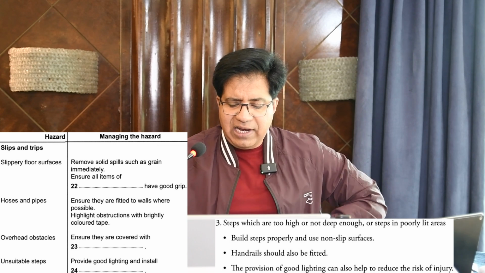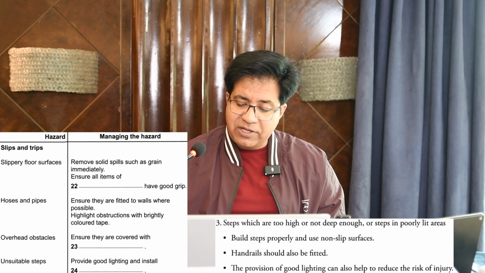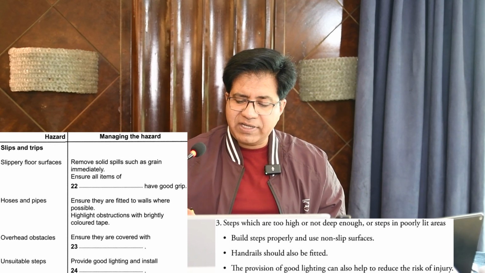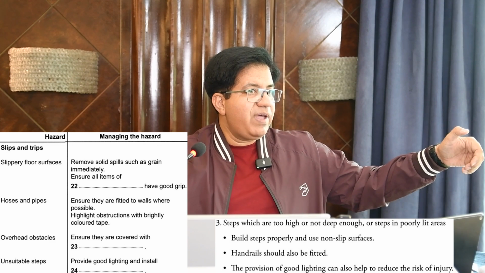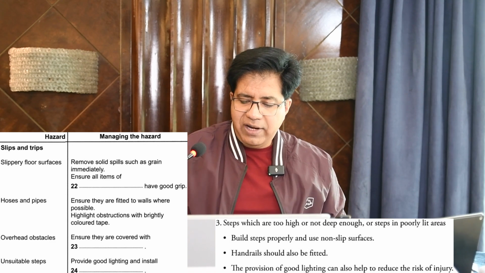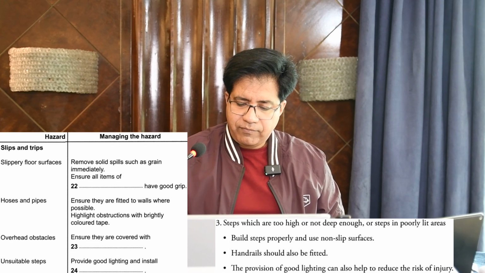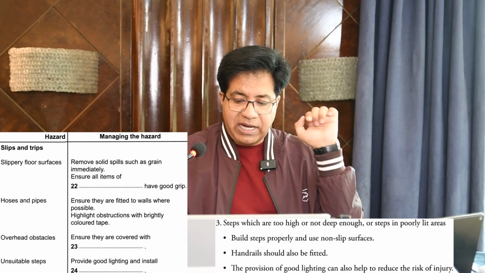Second, handrails should also be fitted. For fitted, they use the word installed. So what is the answer? Handrails. And you know what handrail is? When you are climbing the stairs, there is a grill you are holding that is called handrail. And make sure your spelling is correct. Handrail is one word, write as one word.